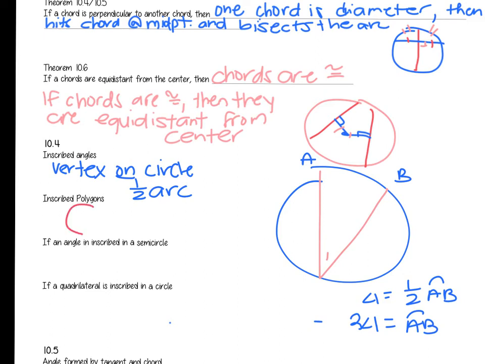An inscribed polygon is one in which all of the vertices are on the circle. So just vocab there, because that leads into the quadrilateral part and the angle.